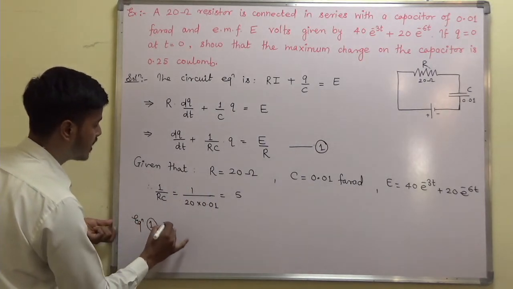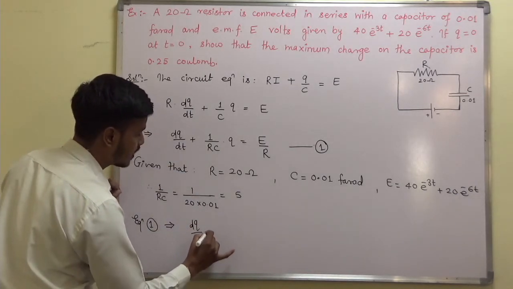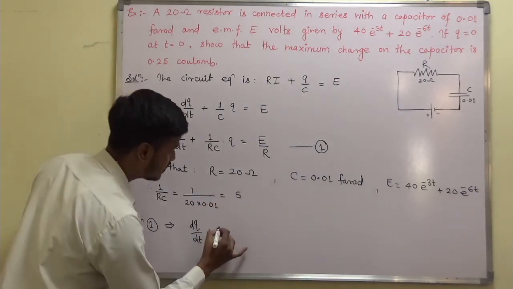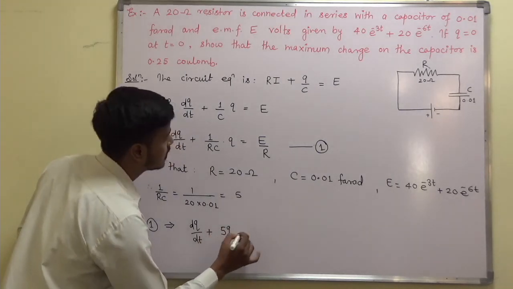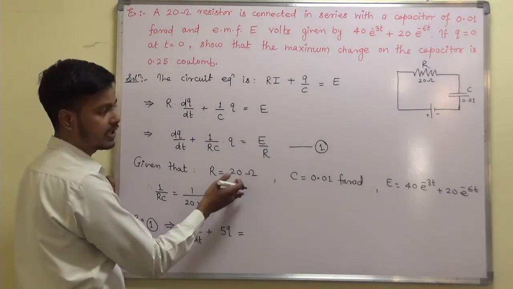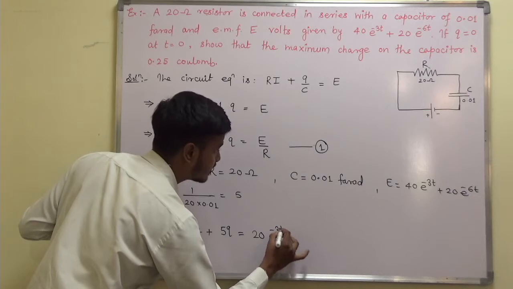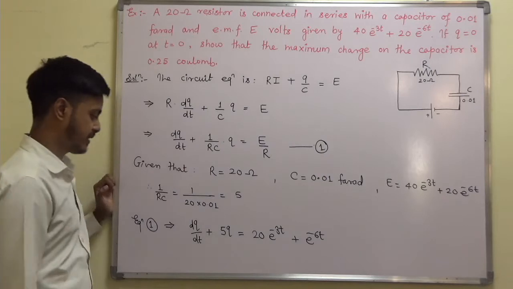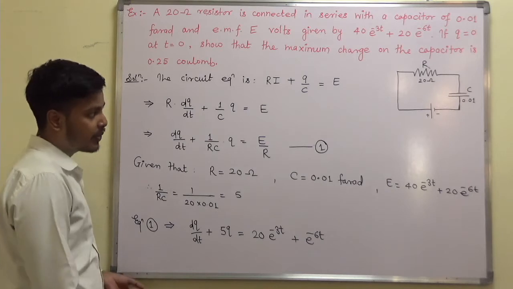Equation 1 becomes dq/dt plus 1 upon RC, which we have found out, that is 5Q, is equal to E, which is this, divided by R, and R is 20. So you can directly write it as 20 e to the power minus 3t plus 20, they get cancelled, e to the power minus 60. Simple.